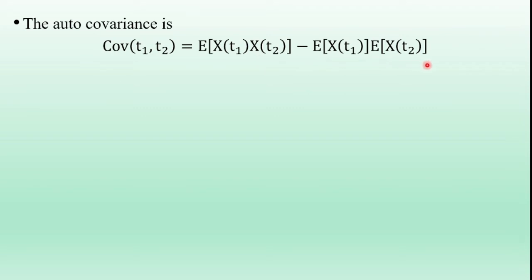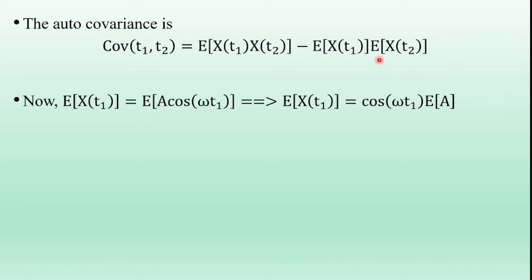In the first term, the correlation function is already calculated and its value is 1 by 3 cos of omega t1 cos of omega t2. Now separately calculate expectation of x of t1 and expectation of x of t2, and substitute all the values into this equation to get the autocovariance.